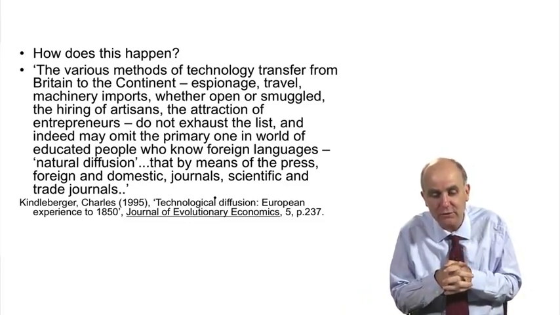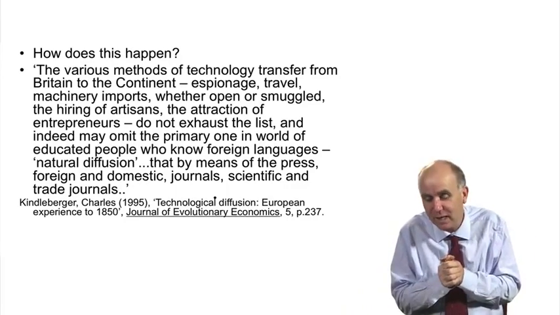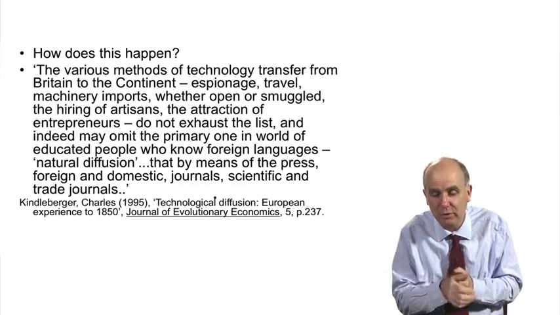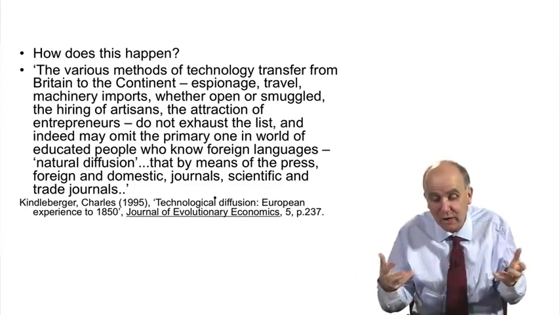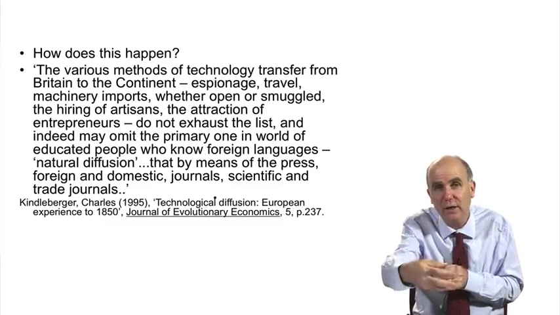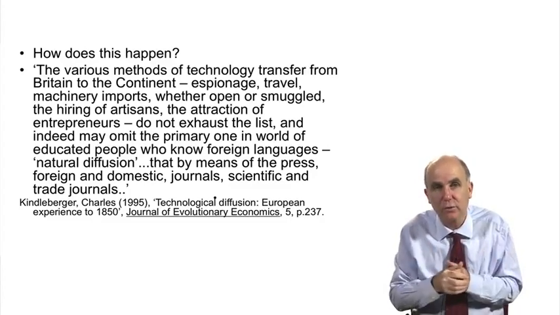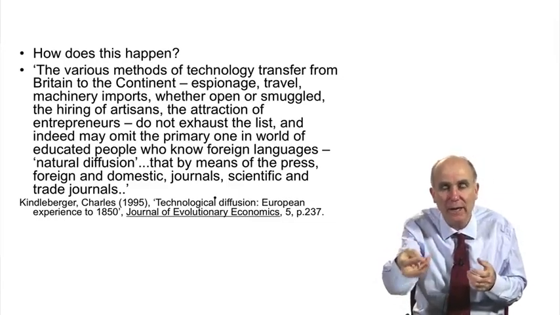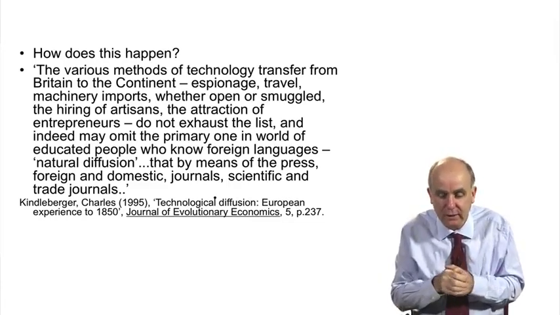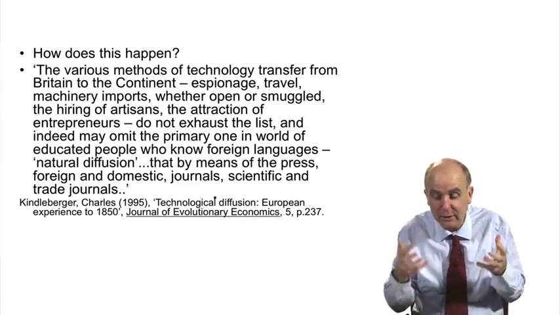The various methods of technology transfer from Britain to the continent: espionage, and there are some great stories about the espionage activity involved in taking these new ideas for how to produce from Britain back to the continent; people travelling; machinery imports, whether open or smuggled; the hiring of workers from Britain who could then bring their technical knowledge to the continent; and the attraction of entrepreneurs who had the knowledge of the new way of production from Britain to the continent. These are some of the reasons why this occurred, but they don't exhaust the reasons.